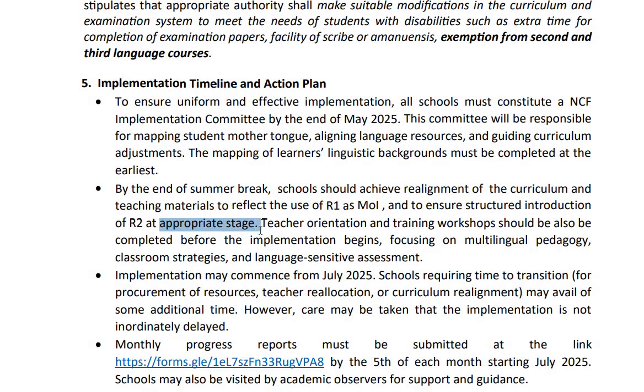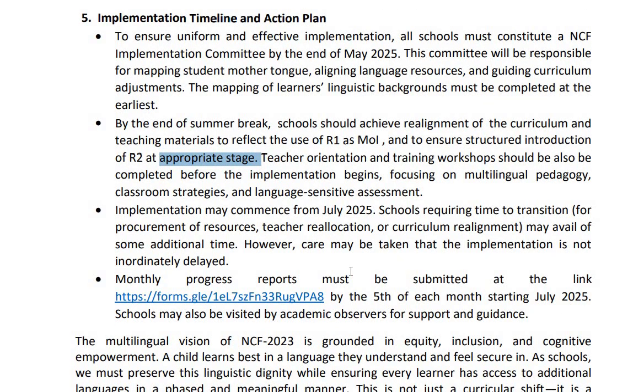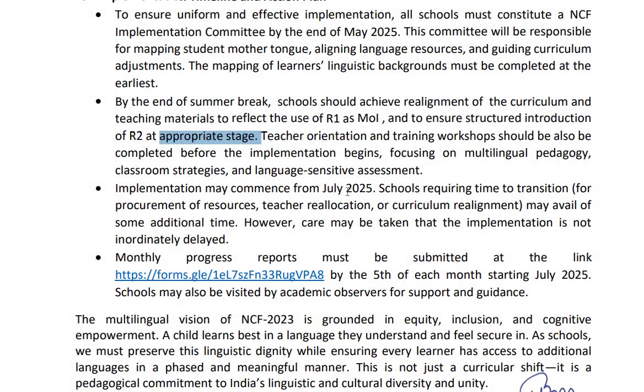Teacher orientation and training workshops should also be completed before the implementation begins, focusing on multilingual pedagogy, classroom strategies, and language-sensitive assessment. Implementation may commence from July 2025. Schools requiring time to transition may avail of some additional time.